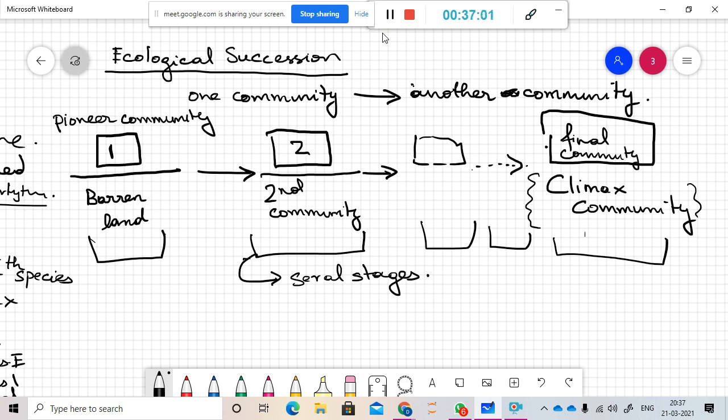Now, if you remember what happened when I joined BB College, an interesting thing happened. I observed it. Very few people had observed that, but I tell my students every year about this when I'm talking about ecological succession.